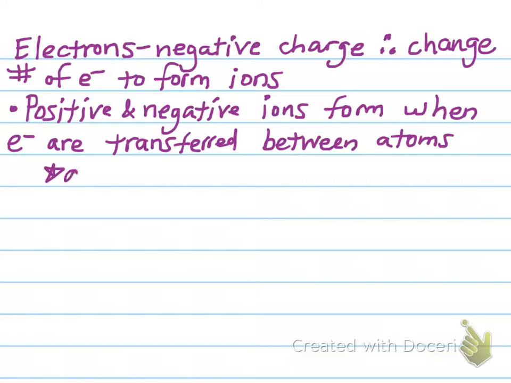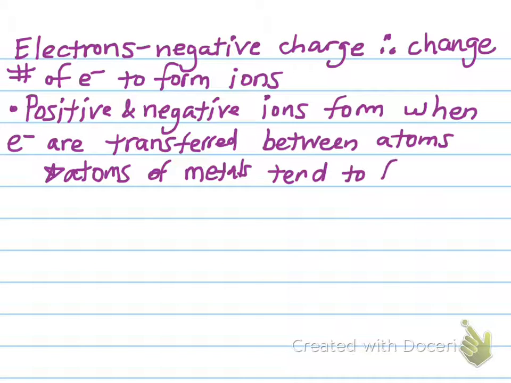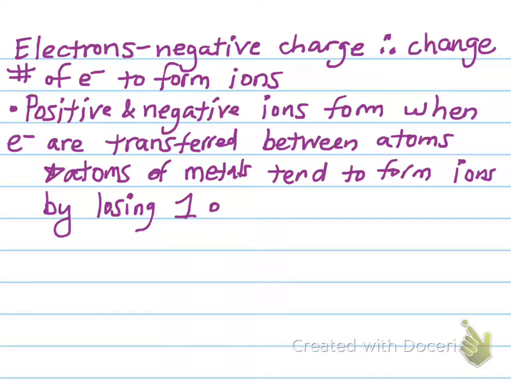Specifically, the atoms of the metals tend to form ions by losing one or more electrons from that highest occupied energy level.